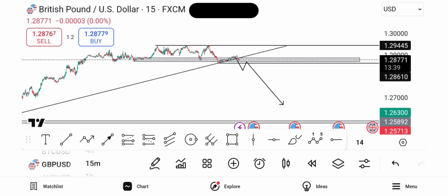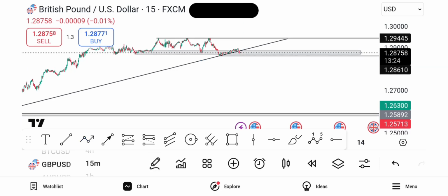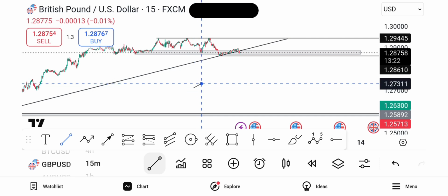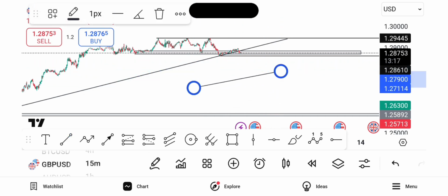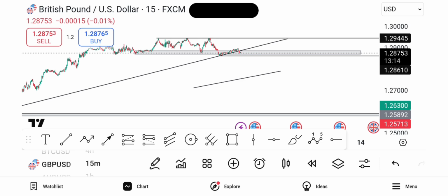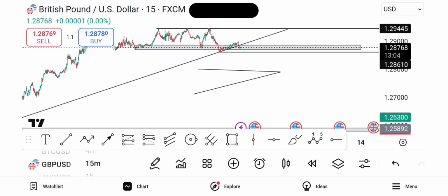When it breaks it, expect this, like this: it makes a retrace, a reversal. Let me draw it for you here. It's called a rising wedge. So that's how a rising wedge is.